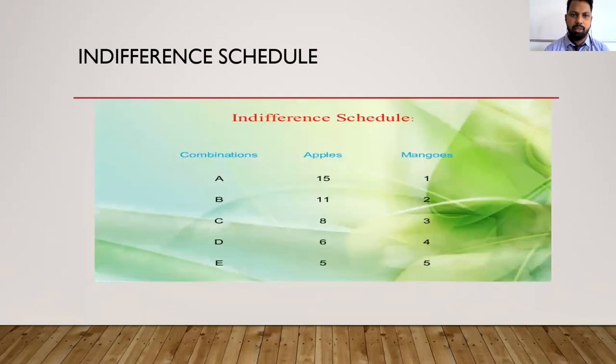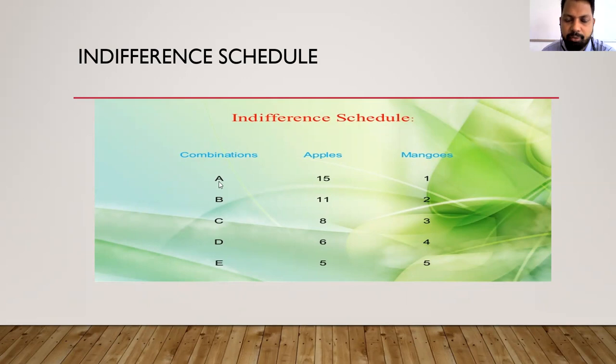Then this is an indifference schedule. This is an example of an indifference schedule. Here you can see there are two goods, two commodities, apple and mango, and different combinations are also shown. There are five combinations A, B, C, D, E, with different combinations of apples and mangoes, and each combination gives equal satisfaction to the consumer.